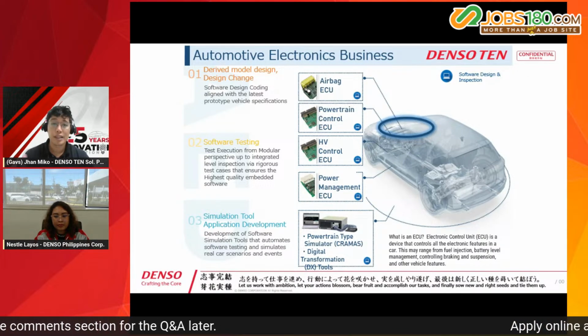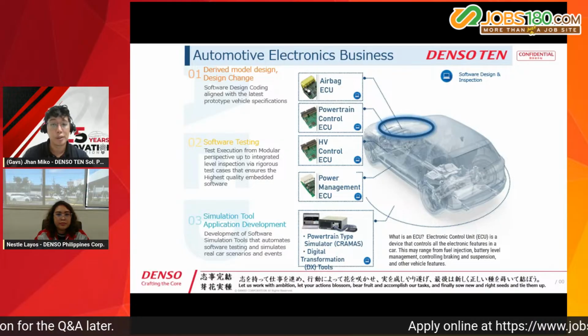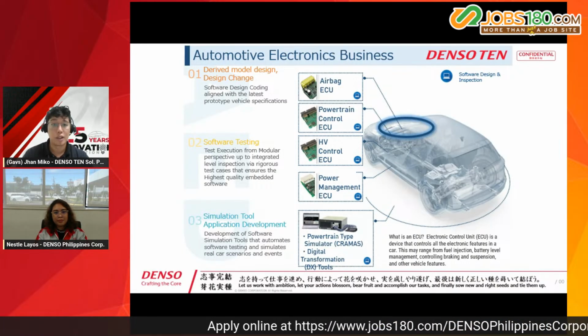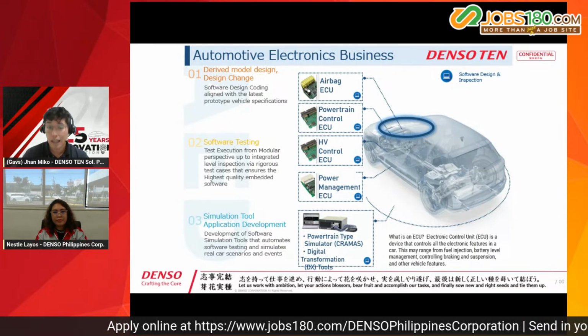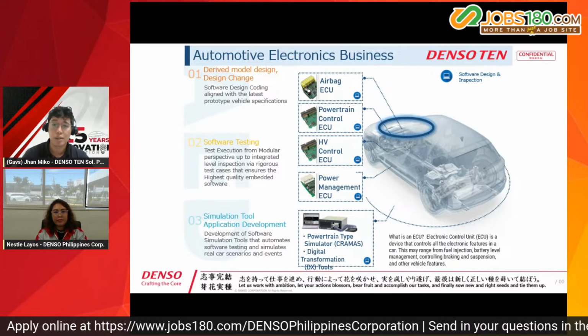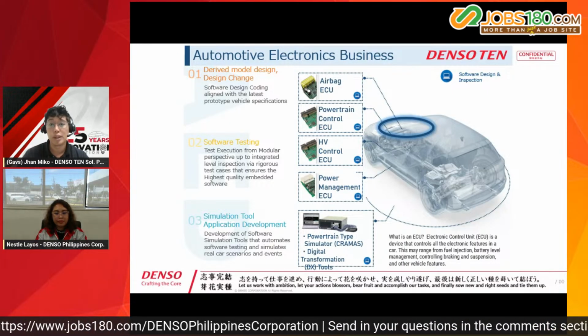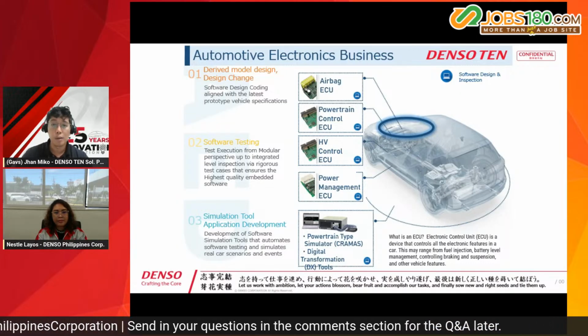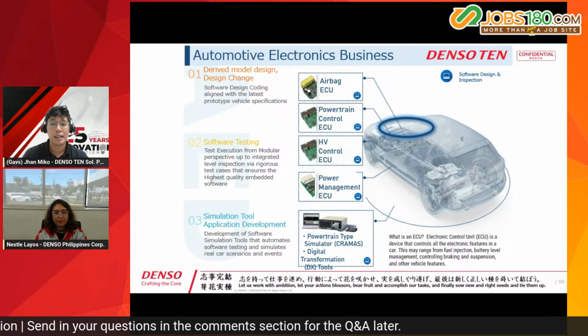For one example, the airbag ECU controls the deployment timing of the airbag. If a certain shock or impact level is detected by the impact sensor, the airbag deploys within 20 to 30 milliseconds. So our department is involved in the software design and testing of these ECUs.